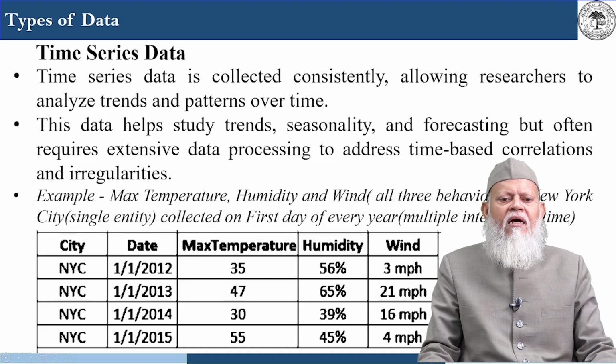This data helps study trends, seasonality and forecasting, but often requires extensive data processing to address time-based correlations and irregularities. Here we discuss in the table the maximum temperature, humidity and wind, all three behaviors, in New York City. It is a single entity collected on the first day of every year, at multiple intervals of time.